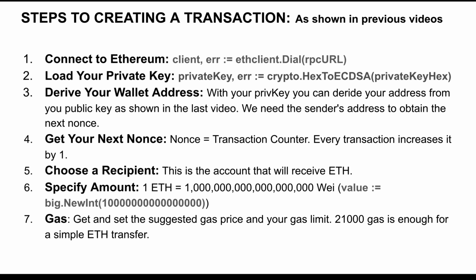In this one you can set 21,000 because you know that it's going to be enough, and then you might get the suggested gas price from this code. Because this fluctuates depending on the state of the blockchain, you might need to get the suggested gas price and then put it in the transaction that you're trying to send out, right?